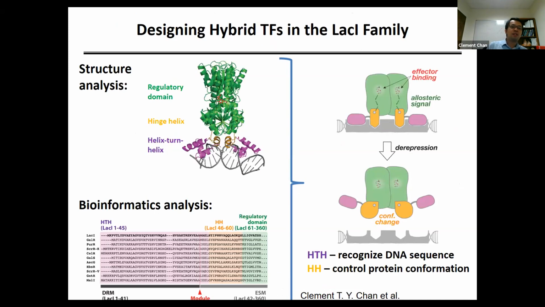Based on these previous studies and also some other bioinformatics analysis that we have performed, we came up with the model on the right-hand side of this slide. We believe that the helix-turn-helix motif is for recognizing the DNA sequence, and the hinge helix is to control the protein conformation. When a small molecule effector binds to the regulatory domain, it triggers a change in the conformation of the hinge helix.